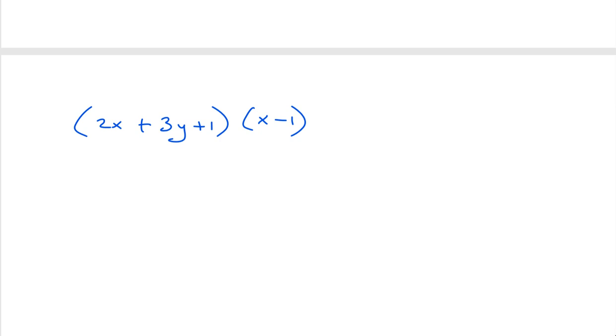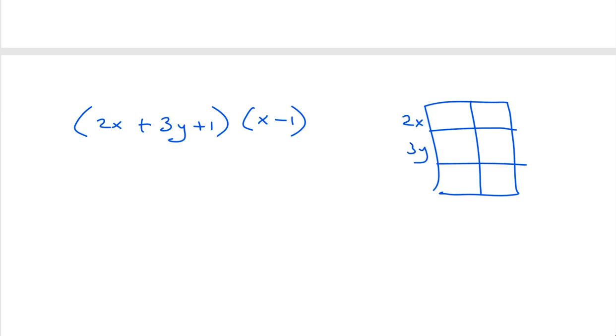You know, that's a lot of stuff, right? But all that happens is if I was going to make the rectangle, then it would be a 3 by 2. And this would be 2x, 3y, and 1. And this would be x and minus 1. And you would just fill in all the rectangles. So 2x squared, just doing all the little areas. -2x, 3xy, -3y, x, and -1. And then we would add up all of those things.